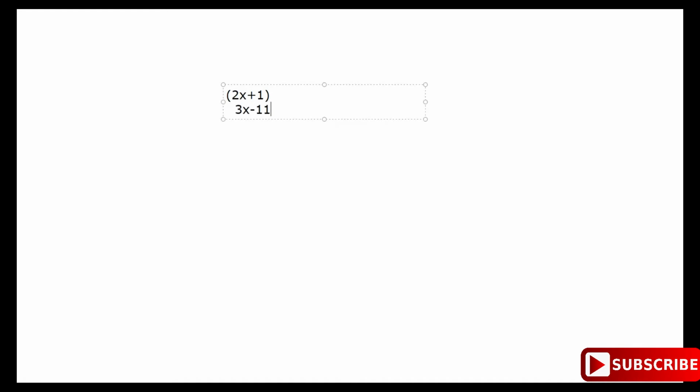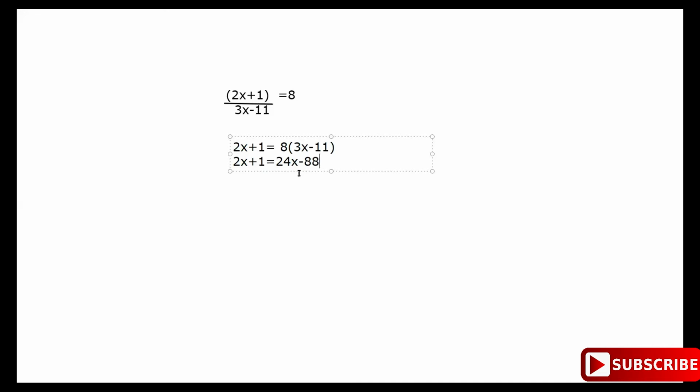And if that is equal to 8, then all we need to do is cross multiply to get 2x plus 1 is equal to 8 times 3x minus 11. So we go down, we get 2x plus 1 is equal to 8 times 3x is 24x minus 8 times 11. 8 times minus 11 is minus 88.